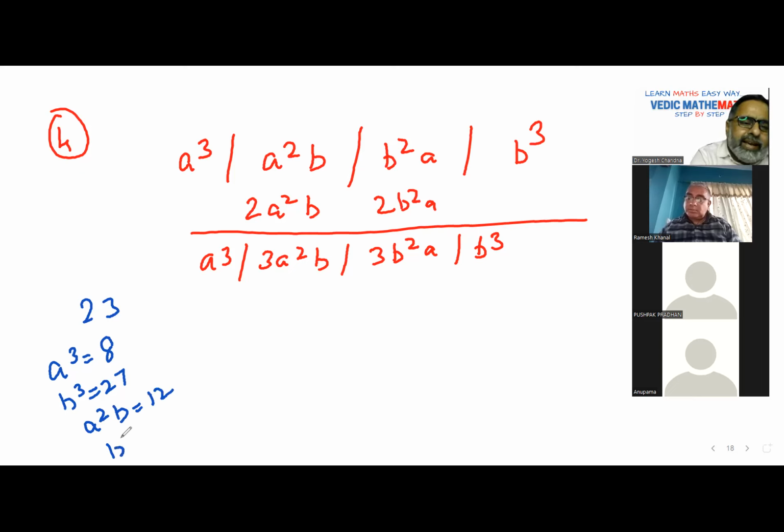What is B square A? 9 into 2, 18. Any doubt up till here? So I can write 8, 12, 18, 27, and the fourth step, let's repeat.